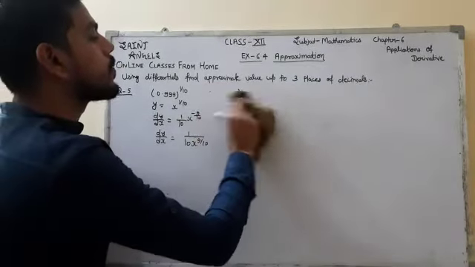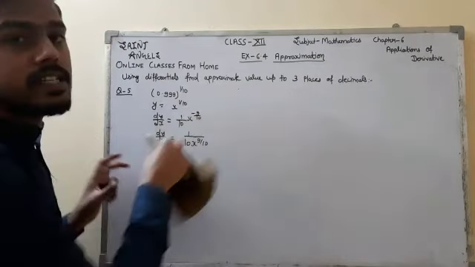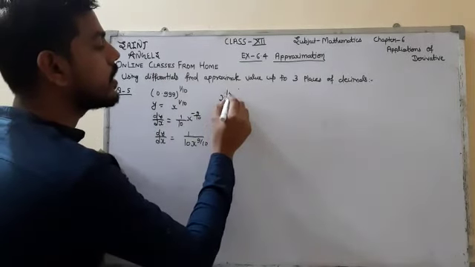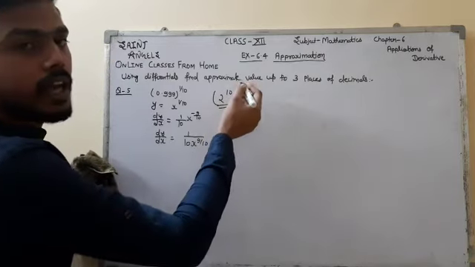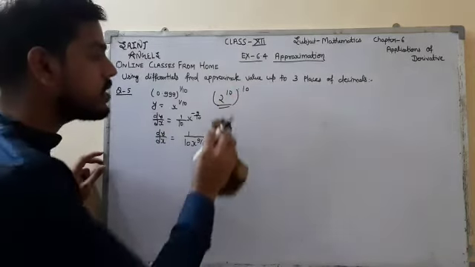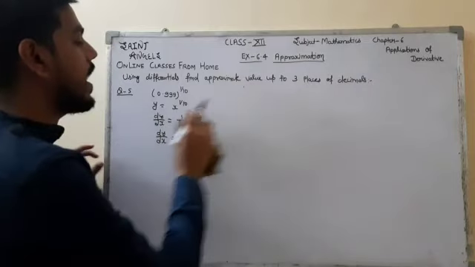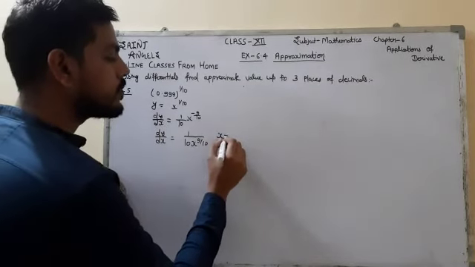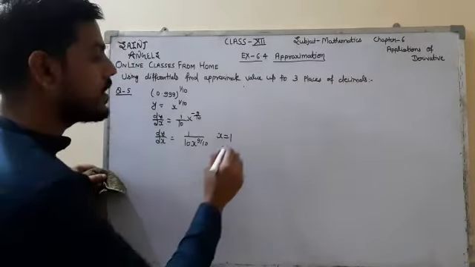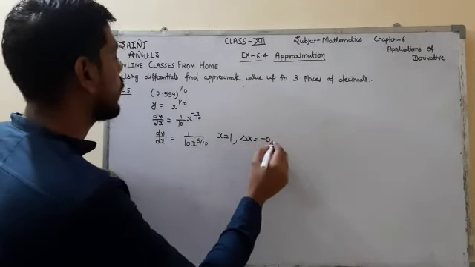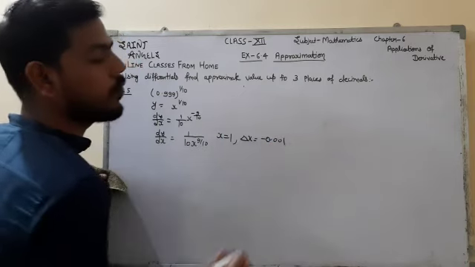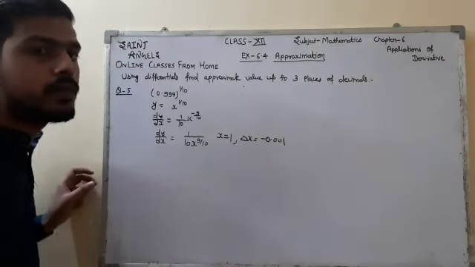Otherwise the next number would be 2 raised to 10, that would be the next perfect number. So we have to choose the nearest. That is why I am taking x equals 1 as my perfect value, and the value of delta x would be minus 0.001, isn't it?